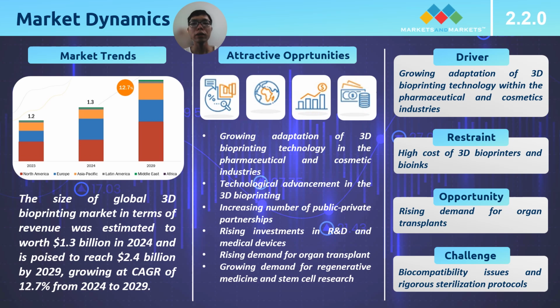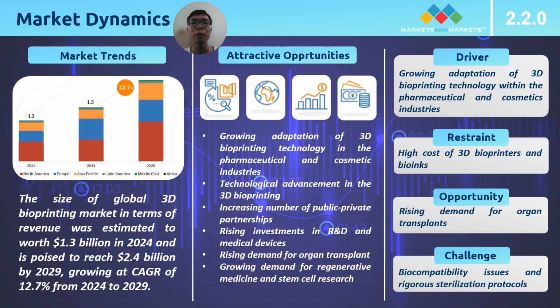When we look into the market dynamics of 3D printing, we can see that the size of the global 3D bioprinting market in terms of revenue was estimated to be worth 1.3 billion US dollars in 2024 and is poised to reach 2.4 billion by 2029, growing at a CAGR of 12.7% from 2024 to 2029.